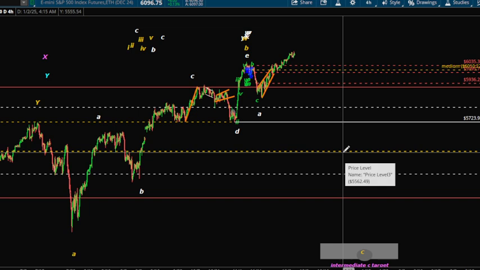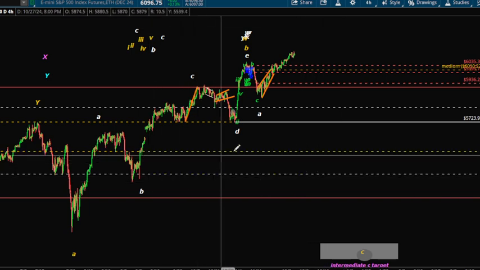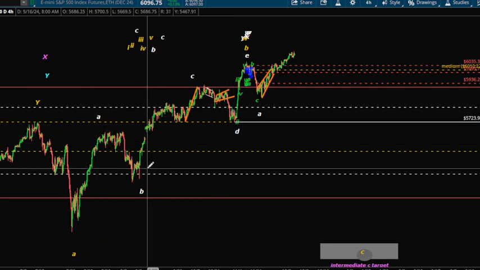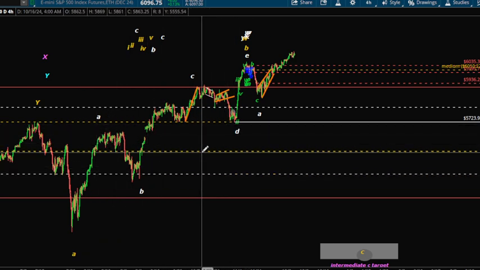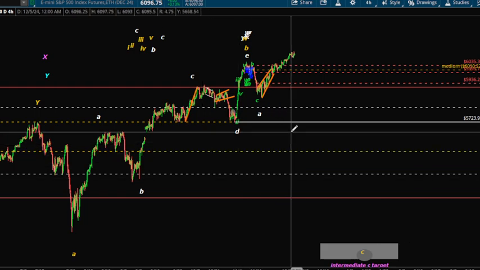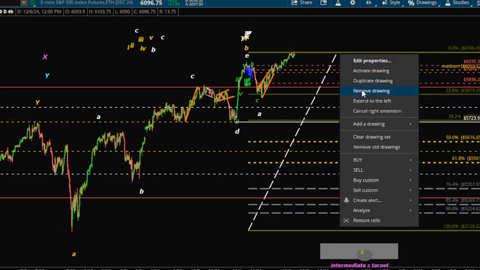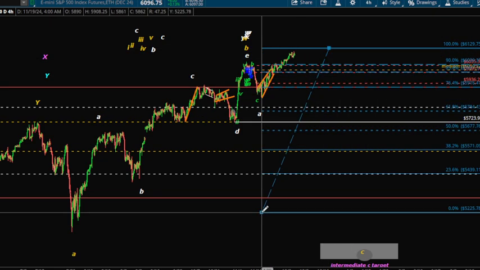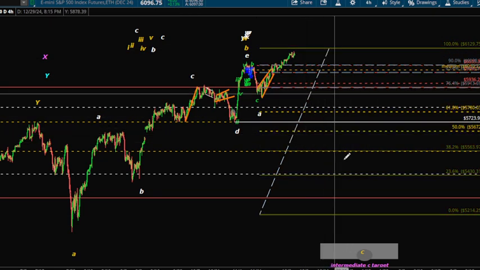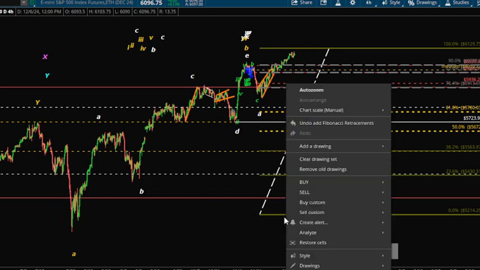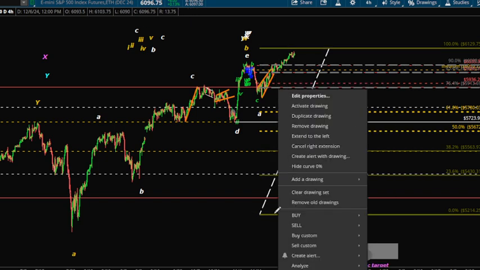So now that I've got that out of the way, and I've said this a couple of times before, I really haven't got into why I count 3 moves, but it also has to do with the fibs, and that's how I trade, and that's how I get the price targets with the Elliott wave, through these Fibonacci retracement derivative percentages.